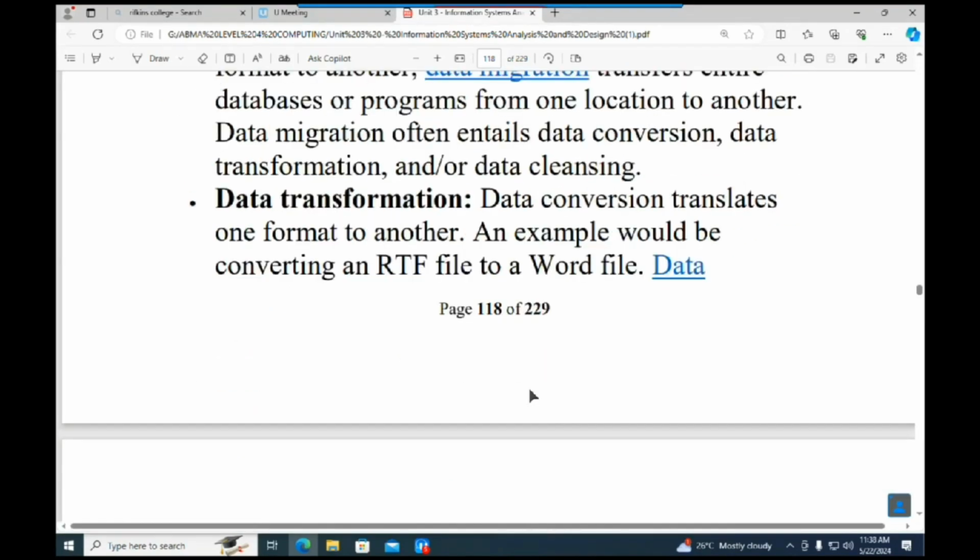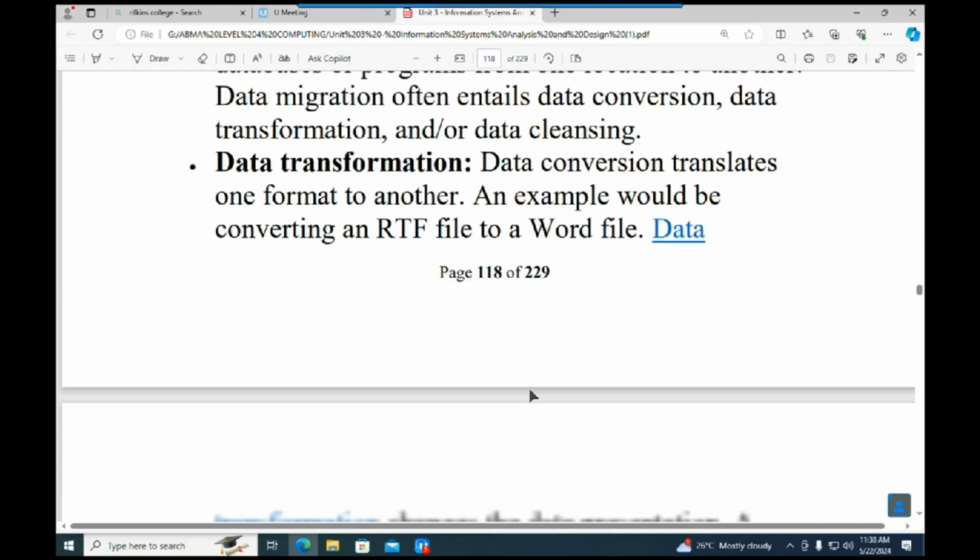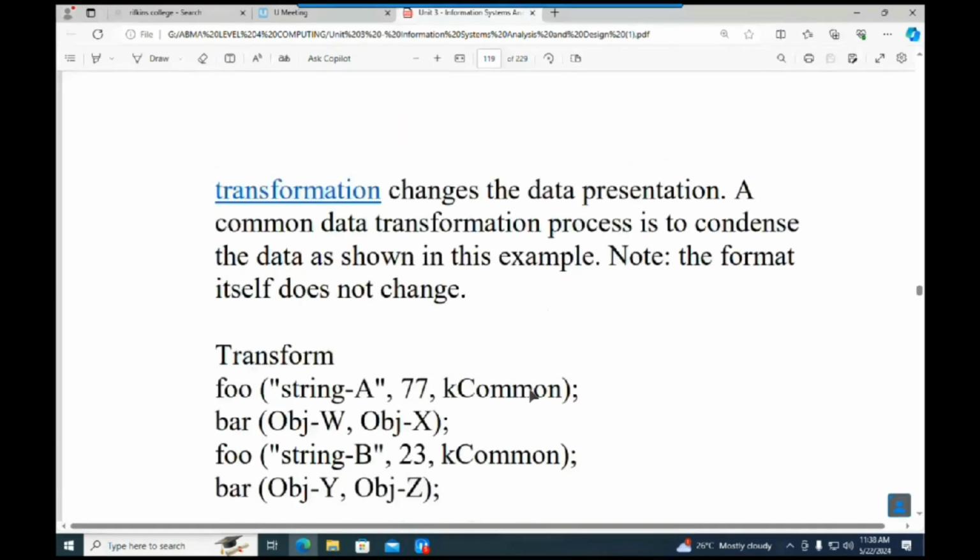Now, data transformation. In data conversion, we are changing the format of data from one type to another. In data transformation, we are actually changing the data presentation.